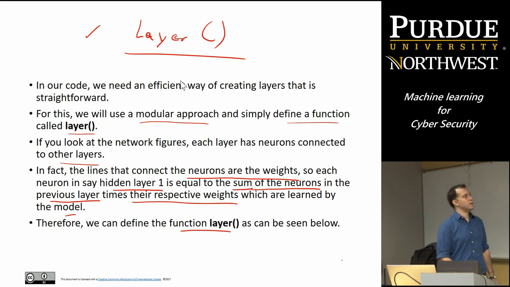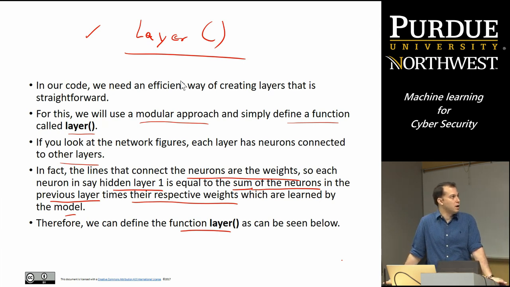For this, we will use a modular approach and simply define a function called layer. If you look at the network figures, each layer has neurons connected to other layers, right? In fact, the lines that connect the neurons are the weights. So each neuron in, say, hidden 1 is equal to the sum of the neurons in the previous layer.